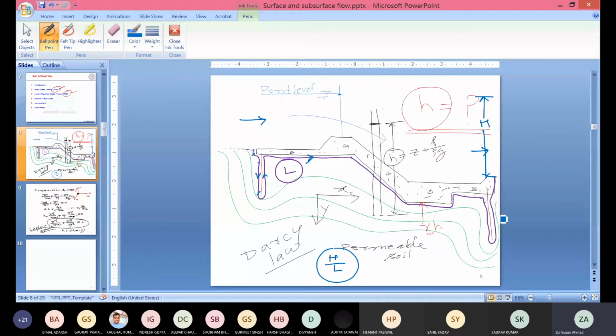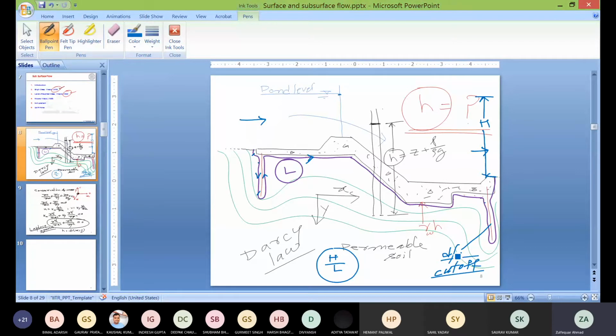Bligh did not give any concept of the downstream sheet pile. I will tell you why it is mandatory to have a downstream sheet pile or downstream cutoff, whatever you want to call it. So we'll discuss that part.